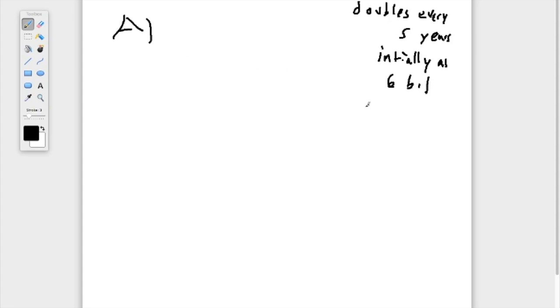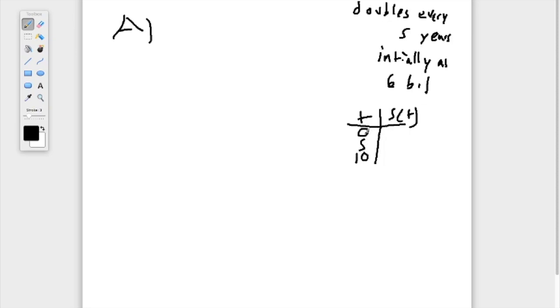What I'm going to do is make a table. This is going to be t, and then this is going to be S(t). So let's just have 0, 5, and 10 for now.